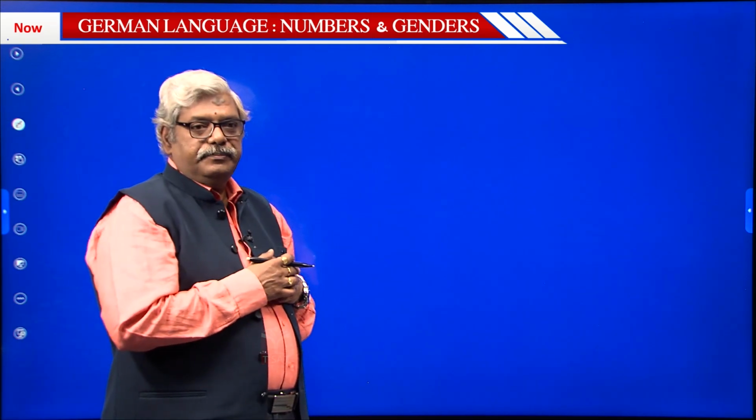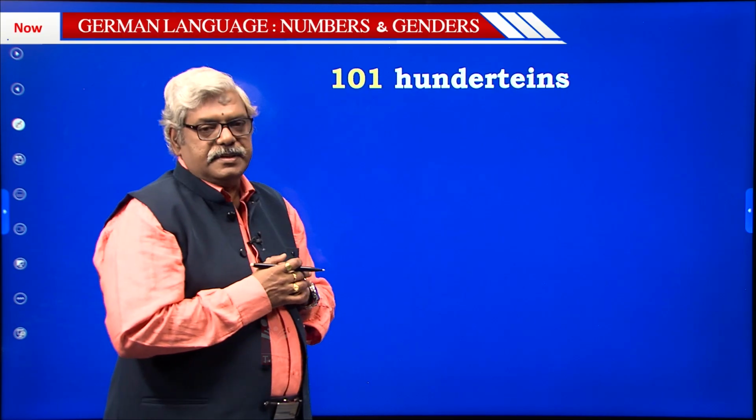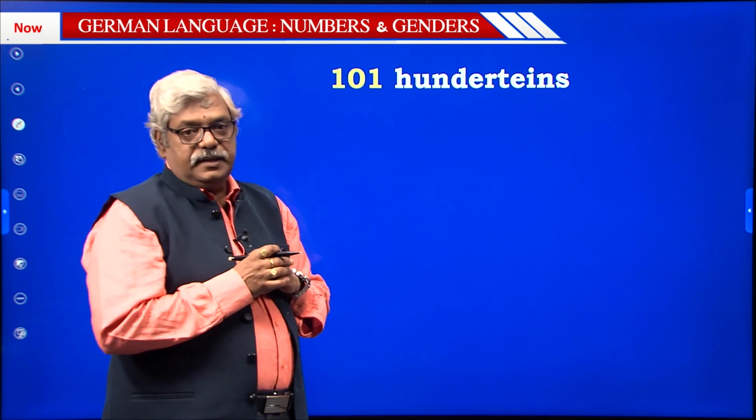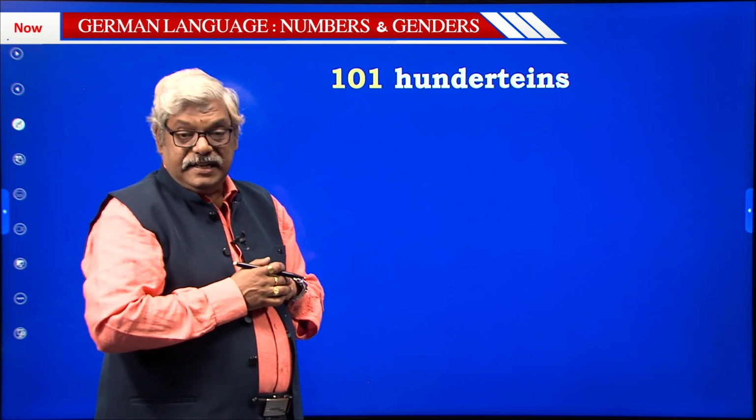Next, from 101 onwards, how do we see the numbers? Now over here, there is no "und" seen in the word, just as how you had found until 99.